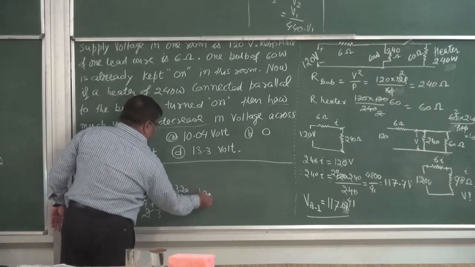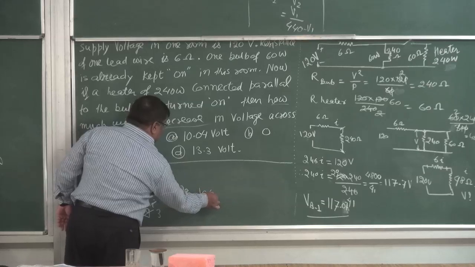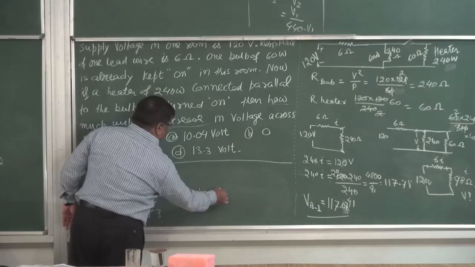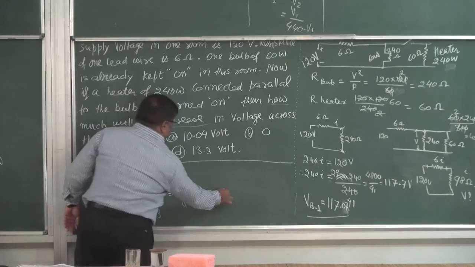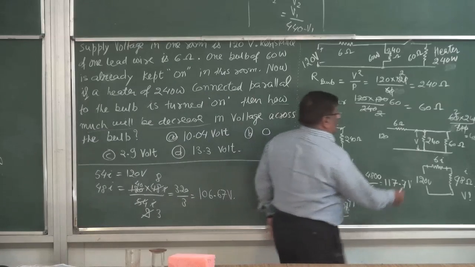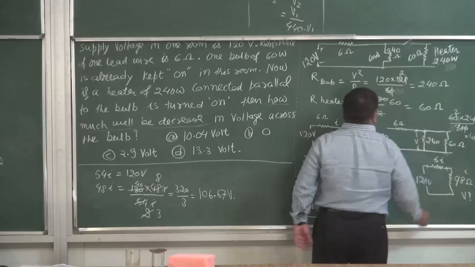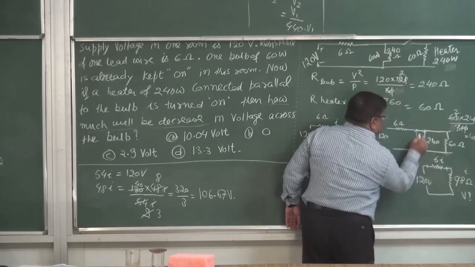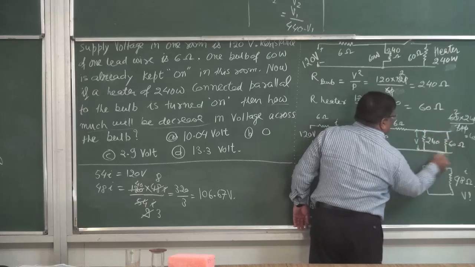This is 106.67 volt. So now the voltage across this will be 106.67. This 106.67 is across both.